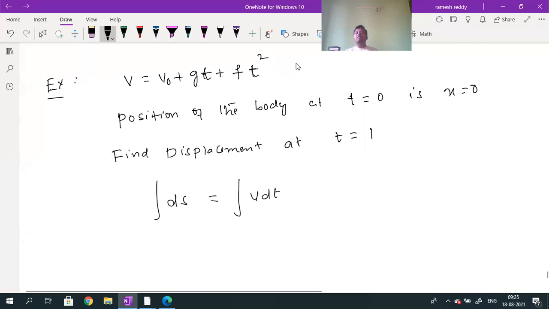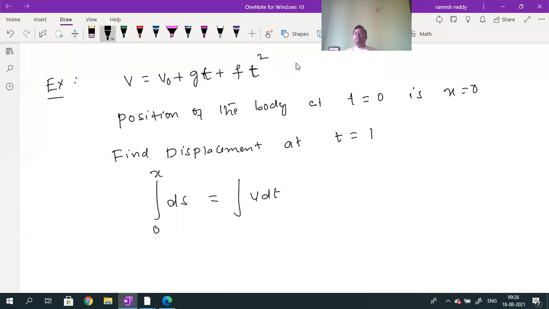This is indefinite integration. I want to calculate the displacement value. Initially at t is equal to 0, x is equal to 0; that is the lower limit. The final displacement value I will call x.